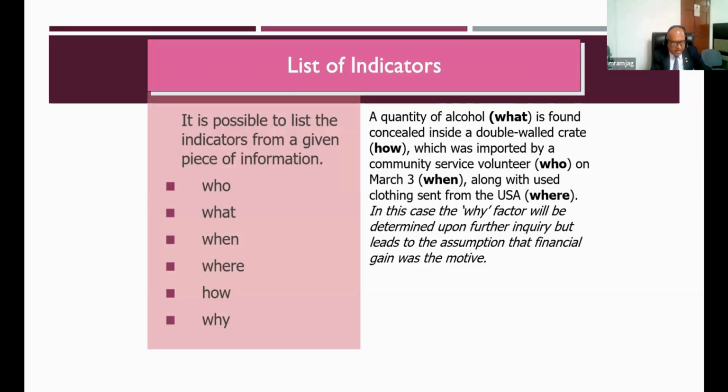This volunteer was looking at an avenue: if he or she imports some stuff in their name and they are well known, it could pass through freely. So some of the indicators here allow you to identify where the goods are coming from and so forth. These are some of the indicators we use in the risk management unit.